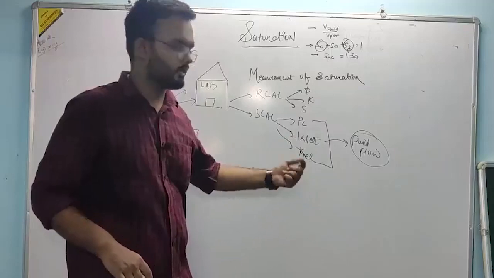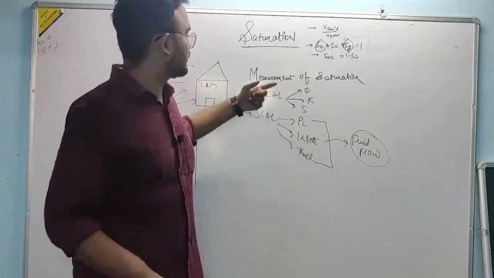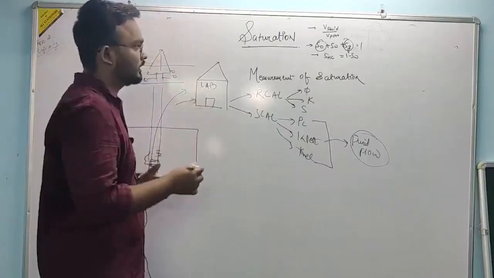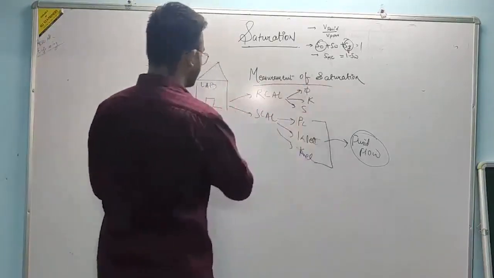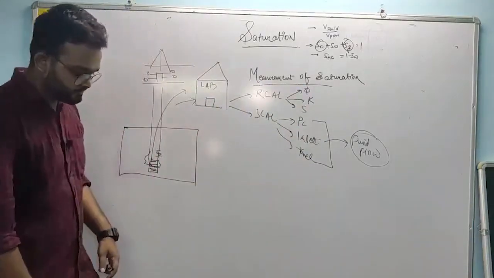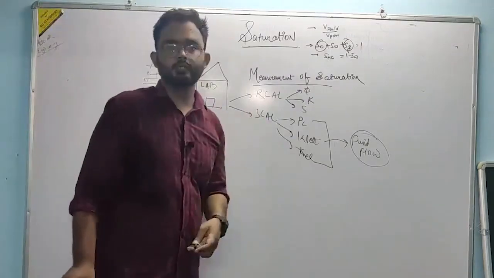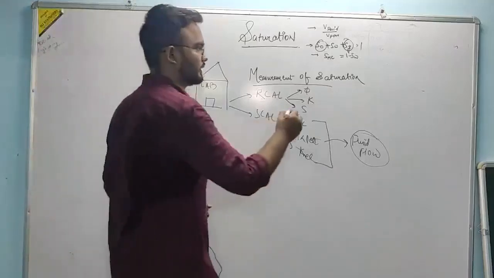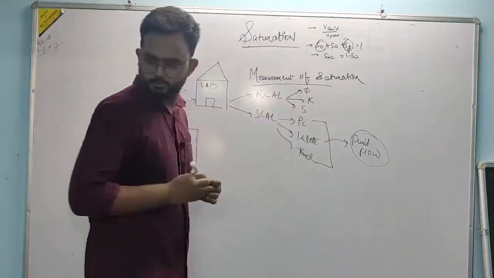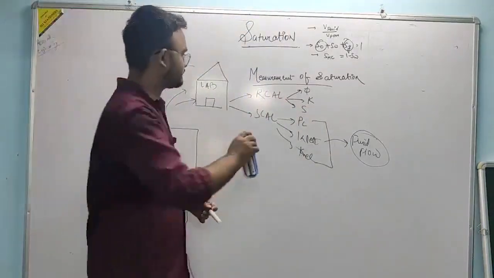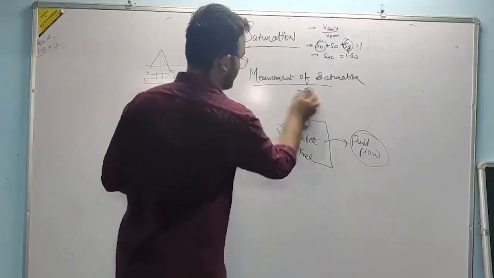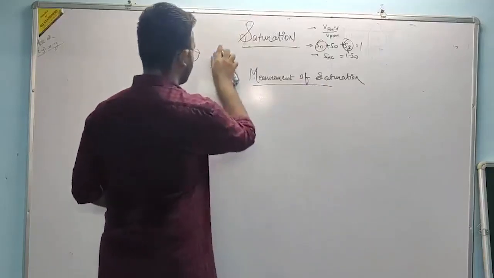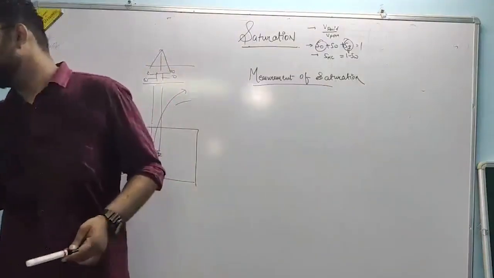The next section will be covering SCAL properties. Right now we're talking about routine core analysis properties. So, measurement of saturation. Once you have this core sample in your laboratory, you have to measure the saturation. The measurement methods are, as always, direct methods and indirect methods.